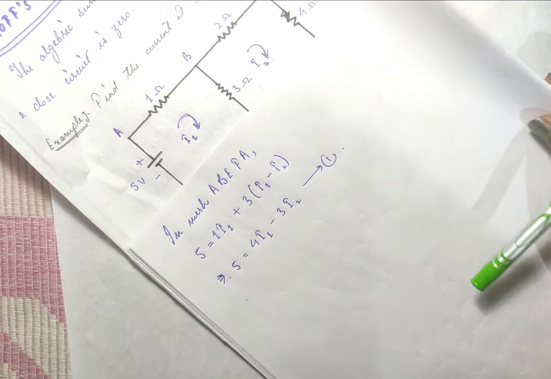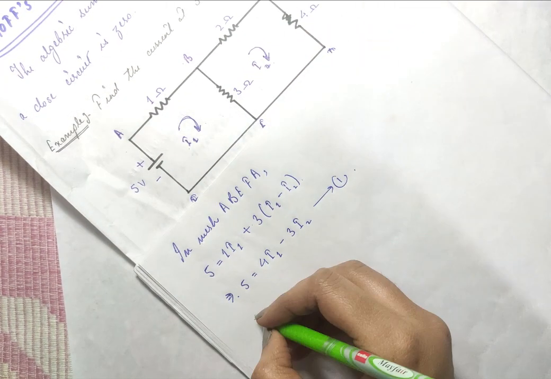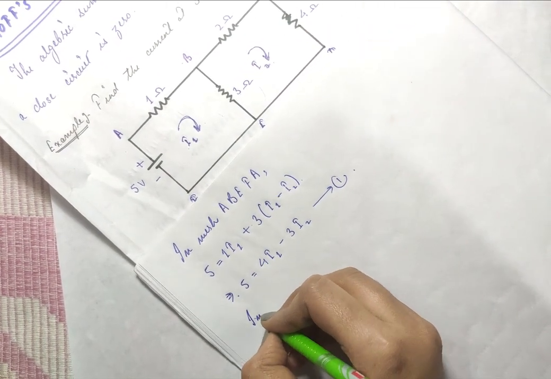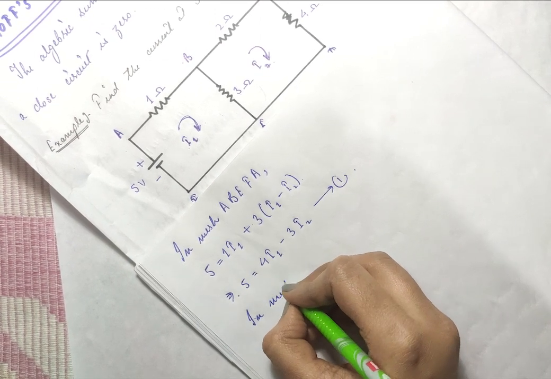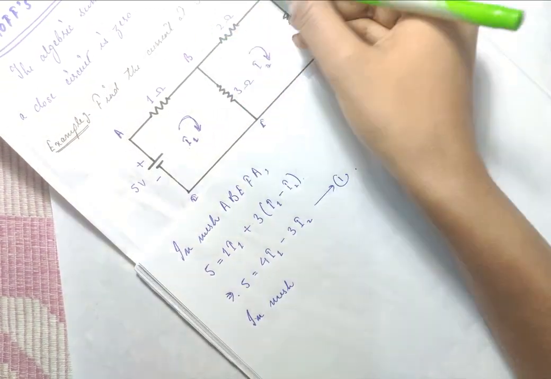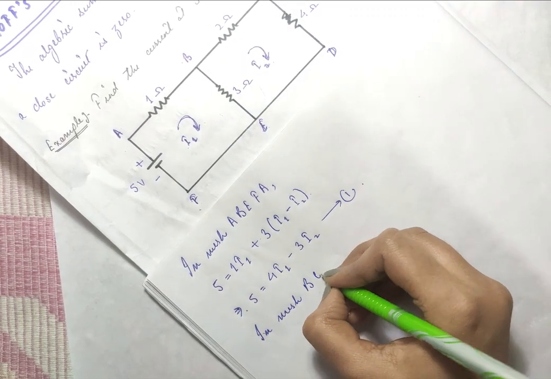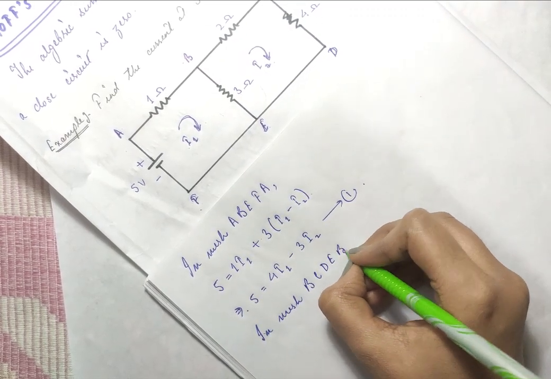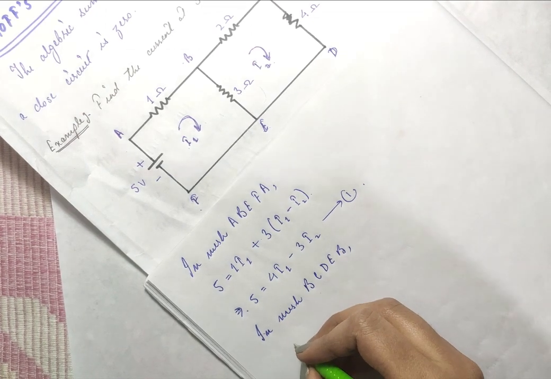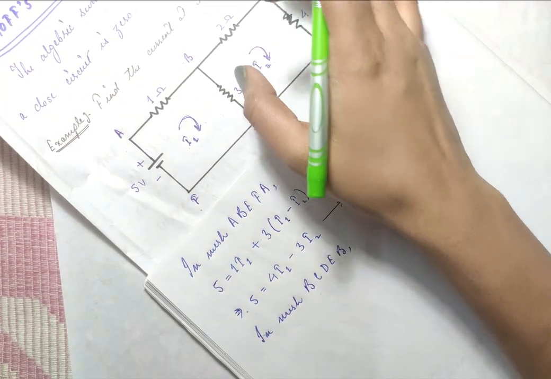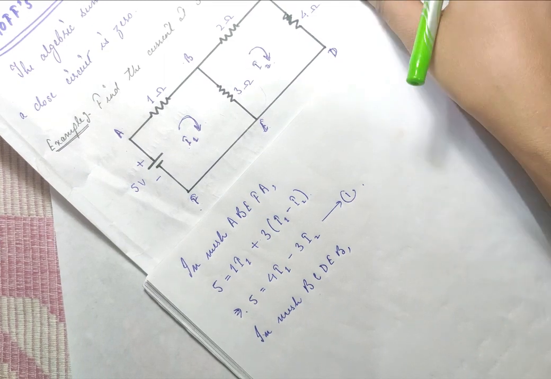Then again, in the second loop, in mesh BCDEB, we can see there is no voltage source.